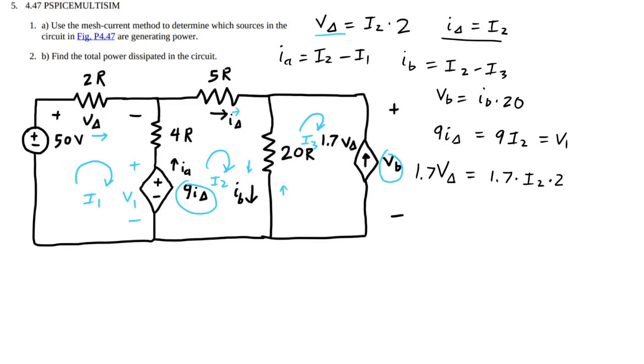That means that this little current is going opposite of the mesh current I3. So we can call this whatever, just I. So that means that minus I3 equals 1.7 times 2, so 3.4 I1, or we can say that I3 equals minus 3.4 I1. Oh, not I2, I'm sorry. It's I1.